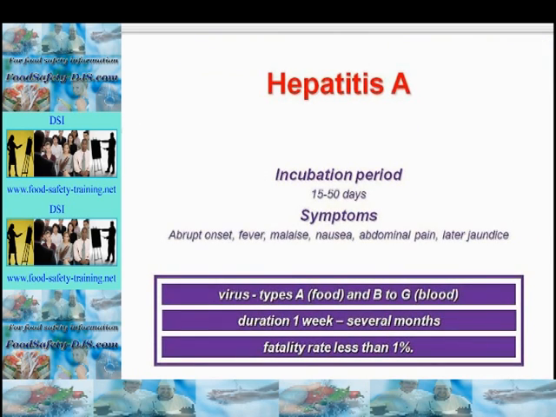Hepatitis A is another virus. In other words, it's very much smaller than bacteria, and it becomes part of the host cell, almost acting like a parasite. Now, there are about 8 different types of hepatitis, A through H. Hepatitis A, with about 1 or 2 others, are the only foodborne disease viruses.